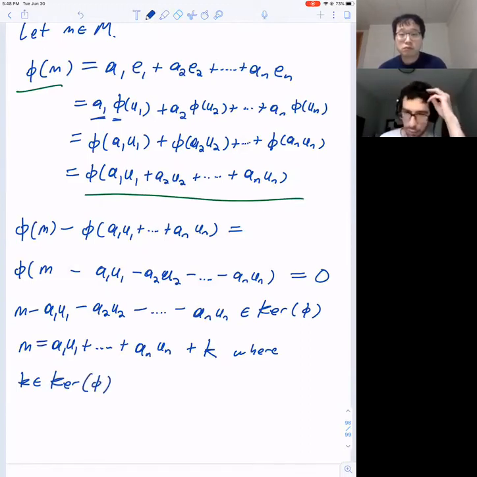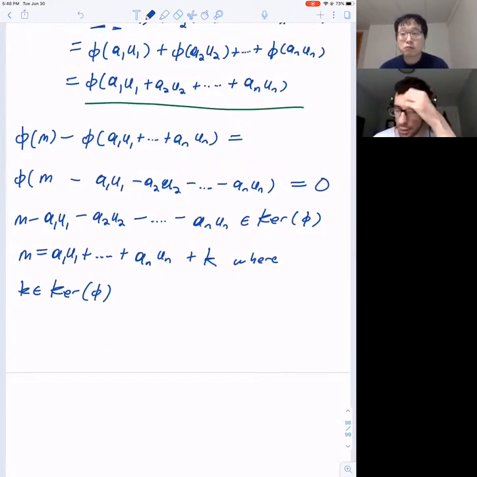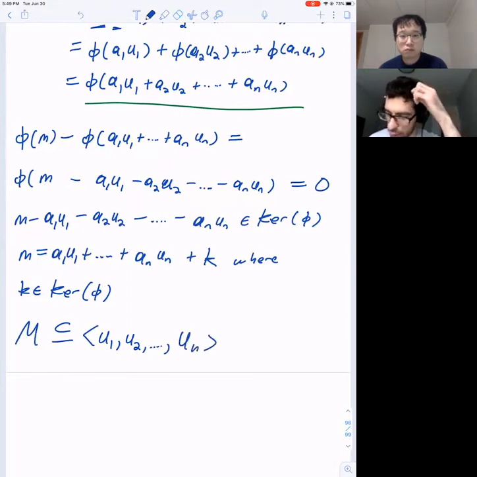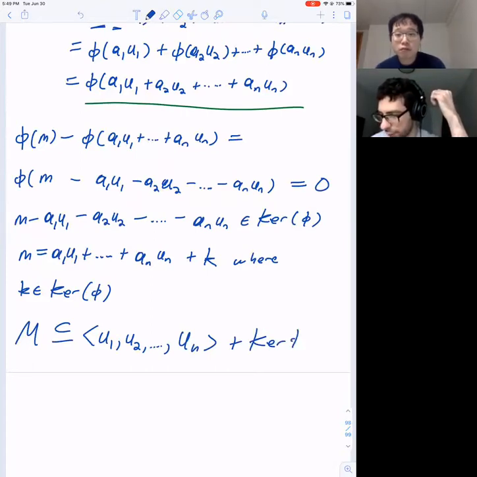I don't know what k is, but this is what the set theory has shown me. So m was a general element of capital M. This means that m is inside the subgroup generated by u1, u2 to un plus this kernel of phi.